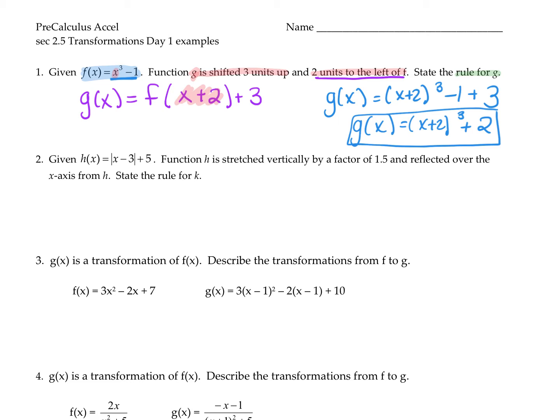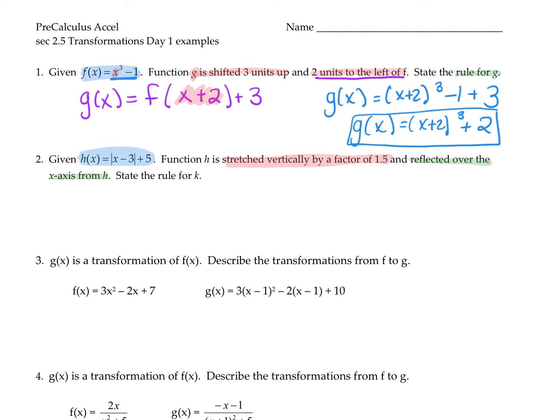All right, similarly, we have the function h of x. And we stretch it vertically by a factor of 1.5. And it's going to be reflected over the x-axis. So what's my rule for k now?